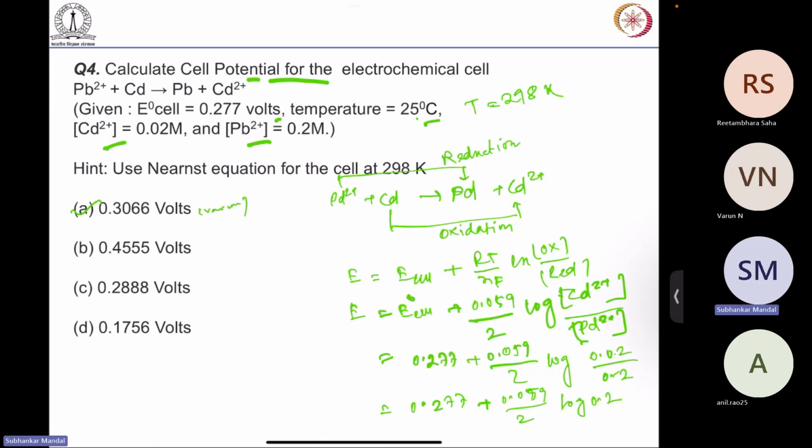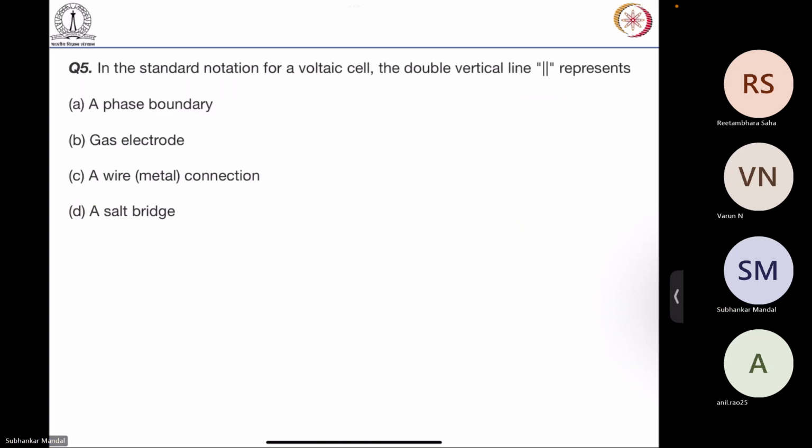Okay, so we can go to the next problem. So the next problem is: in the standard notation for a voltaic cell, the double vertical line represents what? A phase boundary, or a gas electrode, or a wire or metal connection, or a salt bridge.